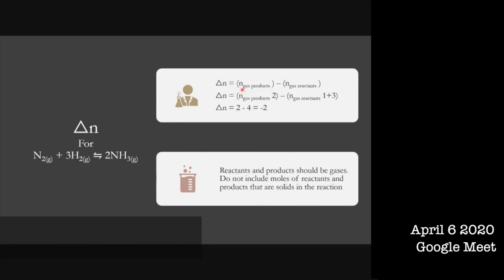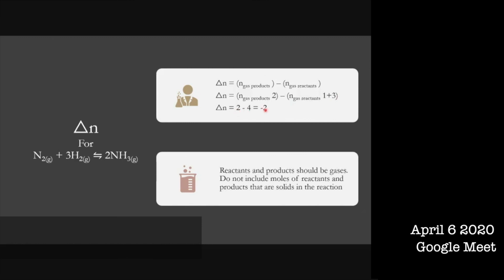So the product, ammonia, the number of moles, 2. Reactants, 2 gases. The first reactant, we have 1 mole. The second reactant, we have 3 moles. If you add the 2 together, it becomes 4. So delta n is equal to the number of moles of the gas products, which is 2, minus the number of moles of the gas reactants, 1 plus 3. So 2 minus 4 is minus 2.